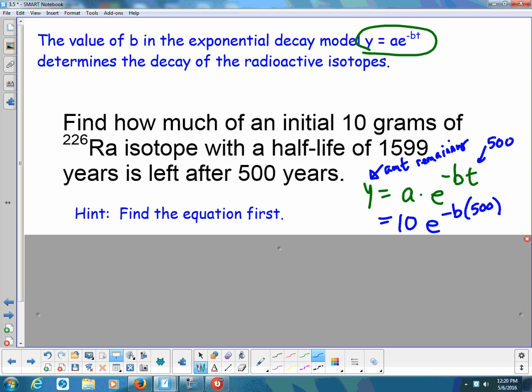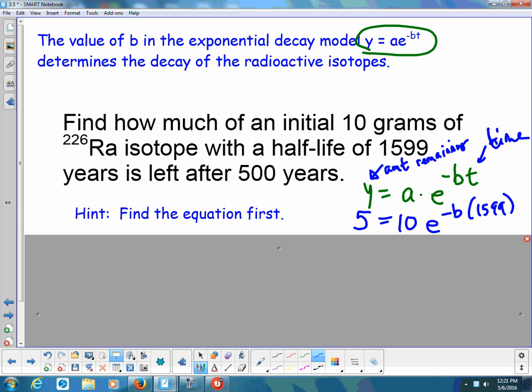Plug in 1,599. Yeah, let's plug in the half-life, because we still need to find b. We know a is the initial amount, but we need to find the b value. So we're going to plug in the half-life first, as the time. After 1,599 years, the 10 grams will be down to what? 5. Does everybody understand why we're plugging in 5 for y, 10 for a, and 1,599 for t?